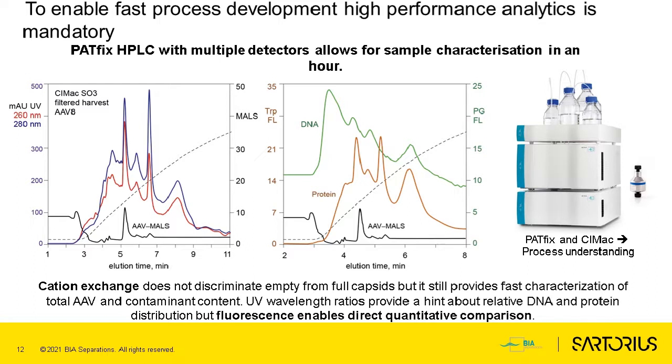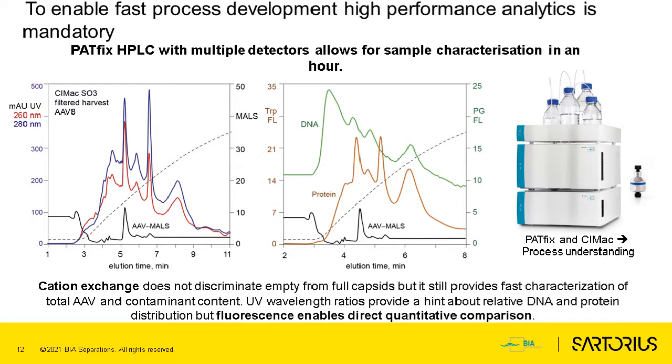So we can easily recognize which of those peaks in the UV signal would be our product. We can even start to quantify our AAV directly in the harvest, and this can also serve us to calculate the mass balance of our AAV product, so we can more easily define the yield of our process.